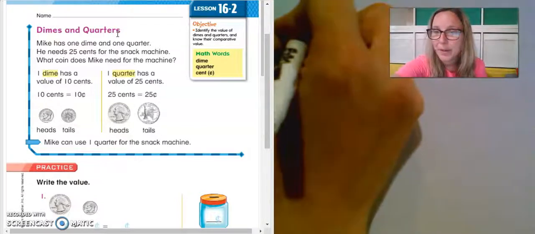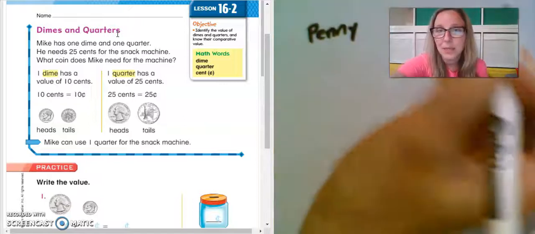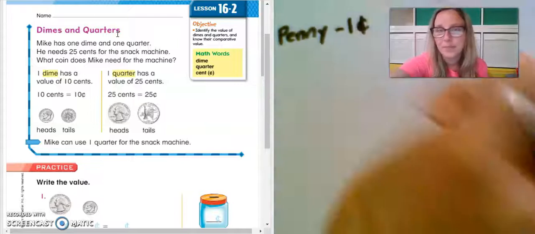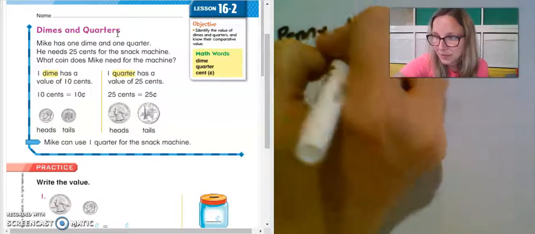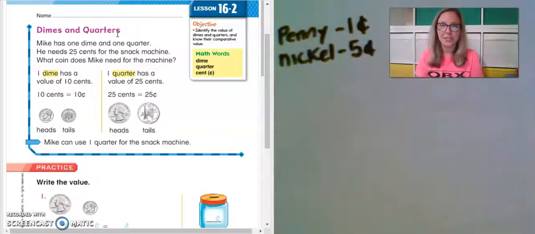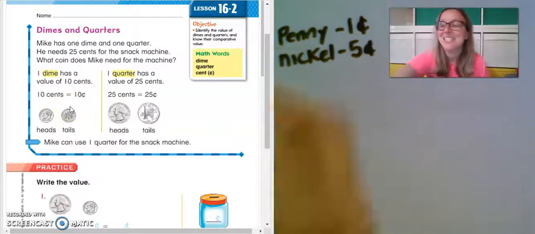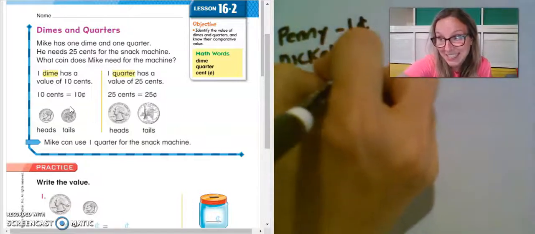A penny equals 1 cent. A nickel was 5 cents. And now we are going to look at a dime, which is actually the teeny tiny silver one. It's actually smaller than a penny, but it's silver. So the one that's smallest is the dime, and the dime is worth 10 cents.